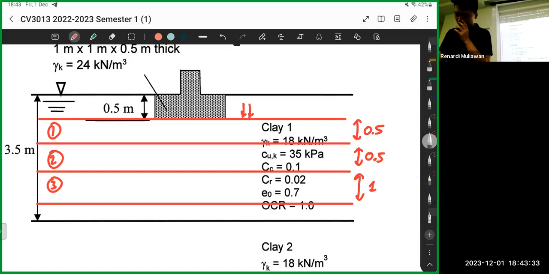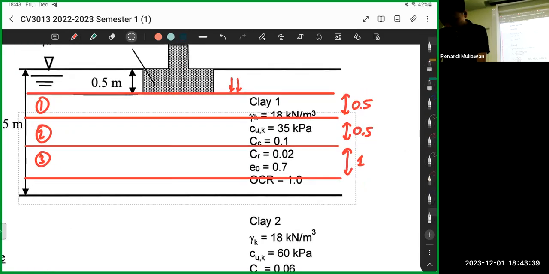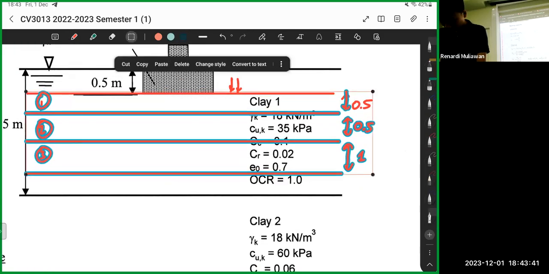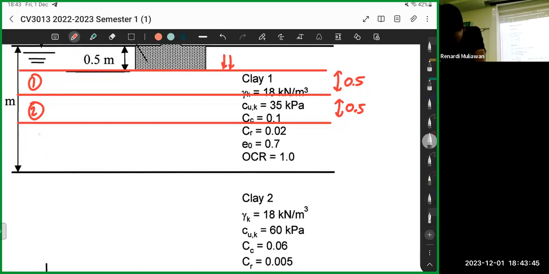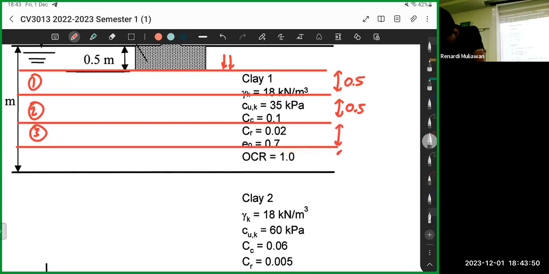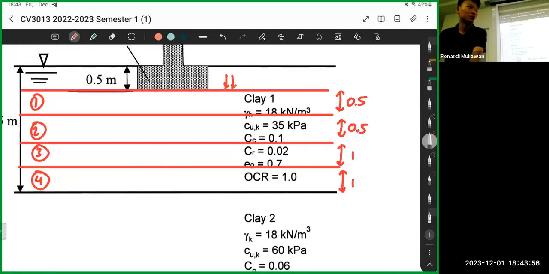Wait, so this one is how much? 2.5. Let me. There is 4. Okay, so we have 4 layers now.